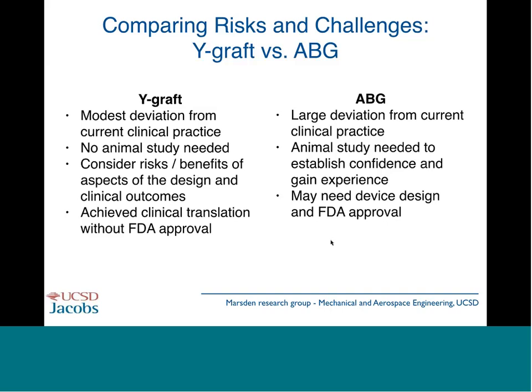And so, now we really need to just consider the risks and benefits of different aspects of the design and different clinical outcomes, such as hepatic flow distribution versus risks of thrombosis. And so, we're at the point now with the Y graft design where I'm hoping we can run a multi-center randomized trial to compare patient outcomes.